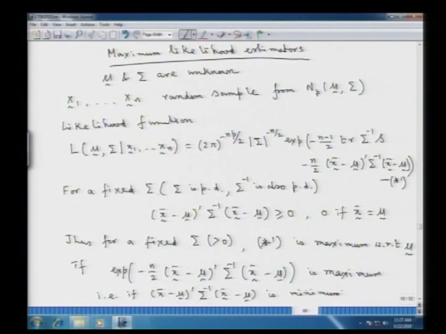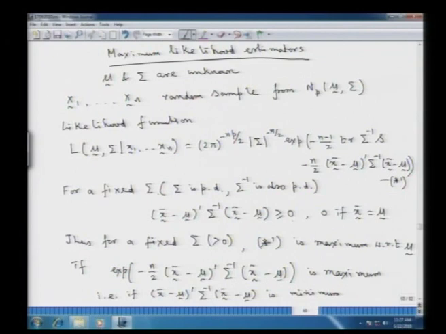So, we are trying to find the value of mu which would maximize this quantity, and that is equivalent to finding the value of mu which would minimize this quantity, because it has got a negative sign out here. And what is the value of mu that would minimize this quantity? We have seen that for the fixed sigma, this quantity is greater than or equal to 0, right.